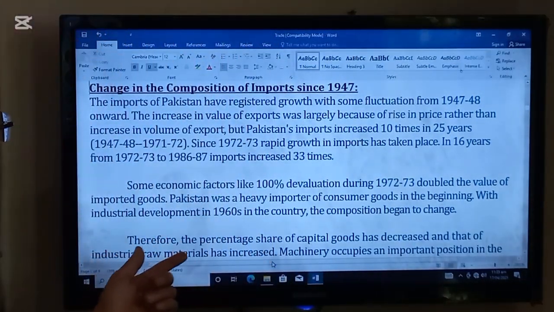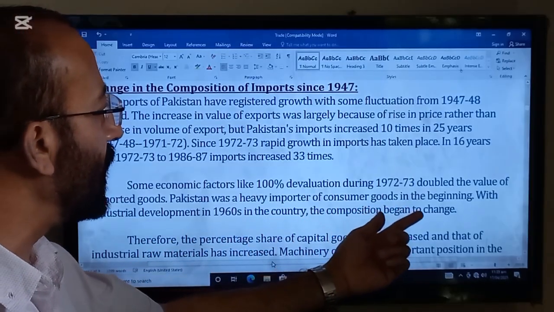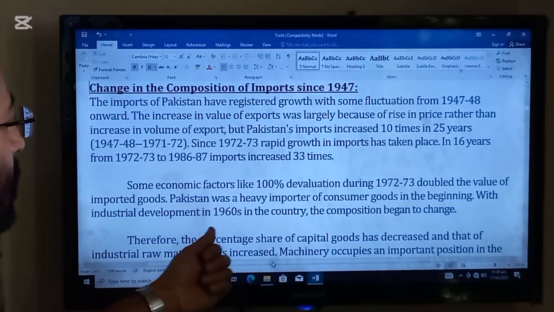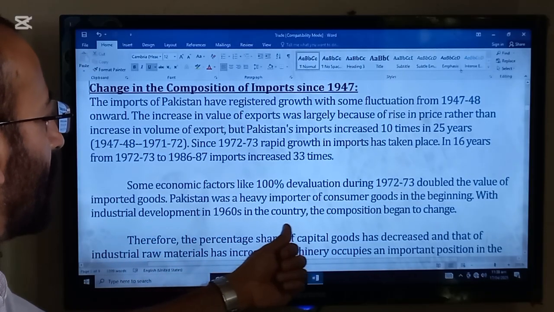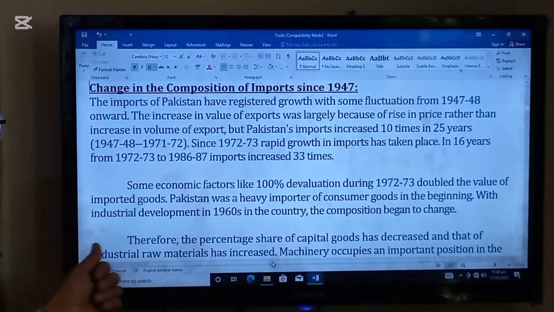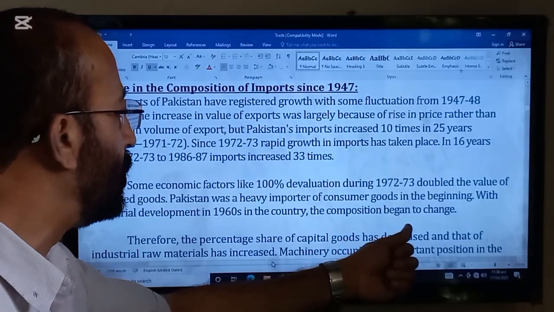Some economic factors, like the 100% devaluation during 1972-73, doubled the value of the imported goods. Pakistan was a heavy importer of consumer goods in the beginning. With industrial development in the 1960s in the country, the composition began to change.